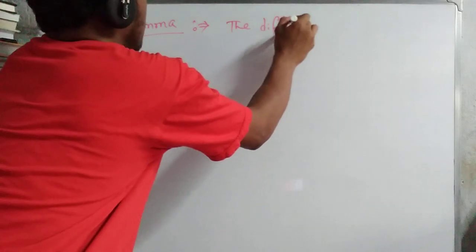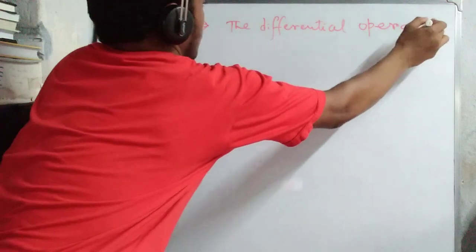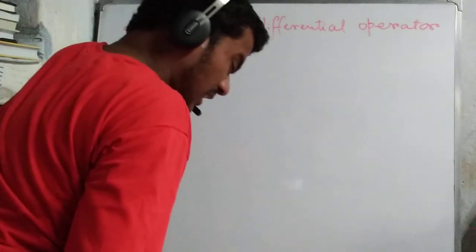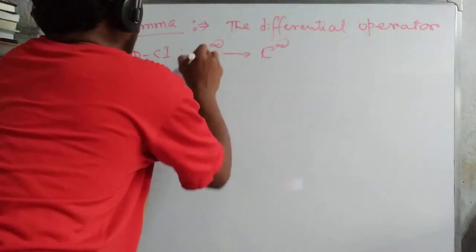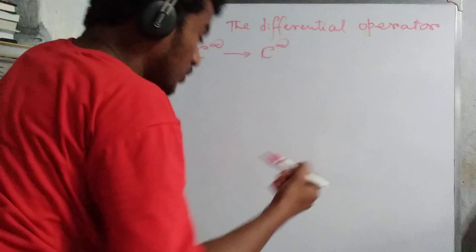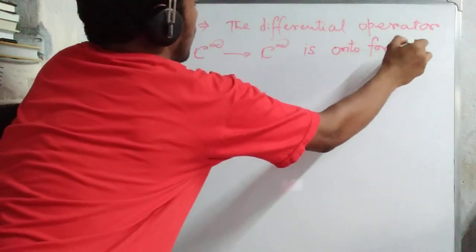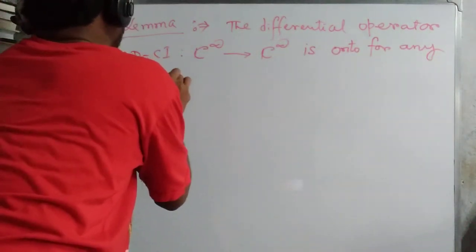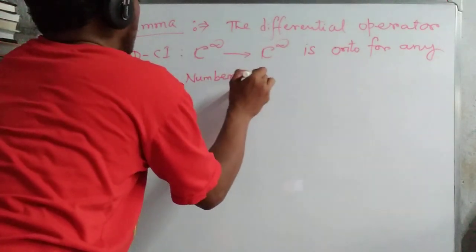The differential operator D − cI, from C infinity to C infinity, is onto for any complex number c.